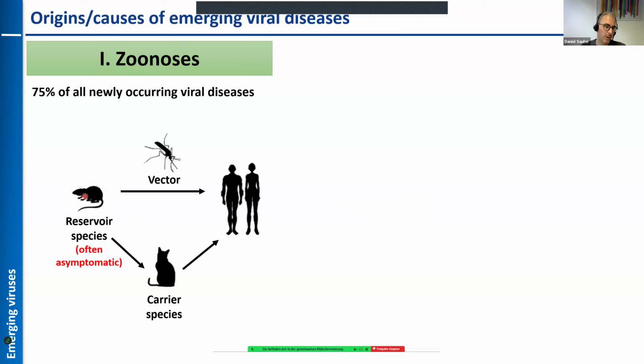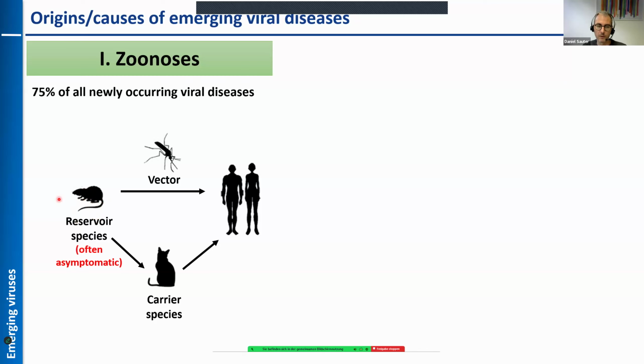And what you can keep in mind is that the virus very frequently does not cause disease or only mild symptoms in its natural host, the reservoir species, potentially because it has co-evolved with its host for thousands or even millions of years. And then the virus can be transmitted from this reservoir species to humans.